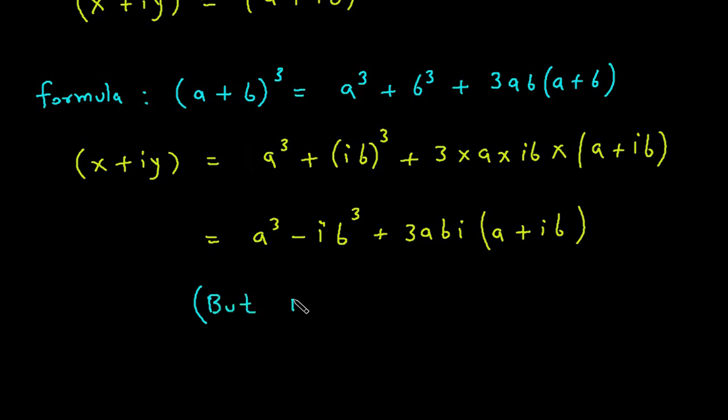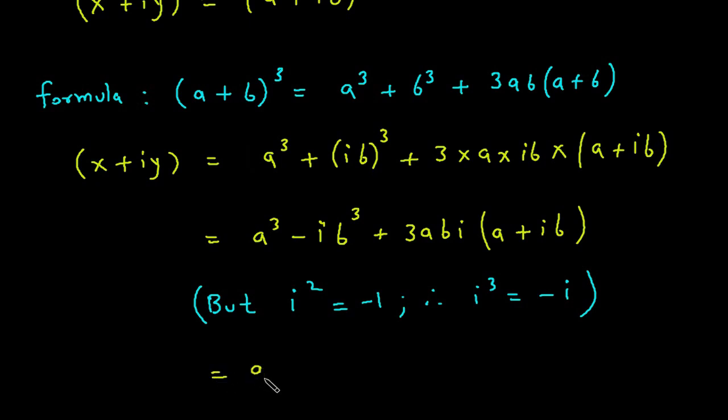But i² is equal to −1. So therefore i³ will be equal to −i. That's why here i³ is equal to −i. Then next step is, again we will simplify this bracket.